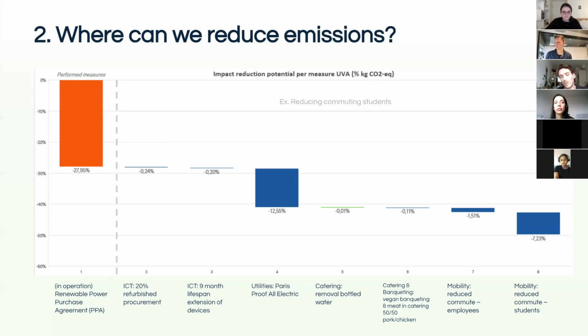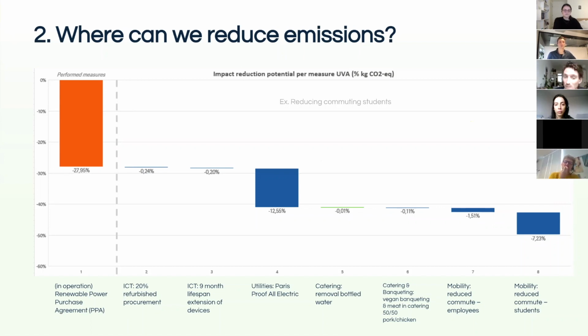One option would be to purchase 20% of their new devices as refurbished instead of new ones. Another measure would be, instead of, I think it was 3 years per device per person that you get as an employee, your laptop and your mobile phone, extend it by 9 months and see what the effect would be. So these two measures combined actually amount to 0.5% of the total footprint. So that is not too effective.